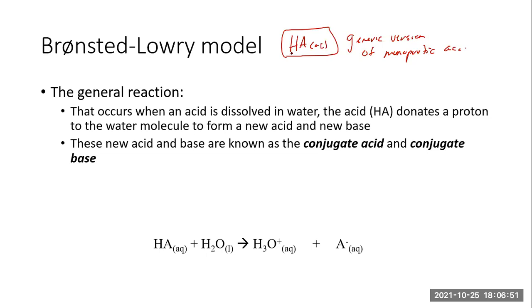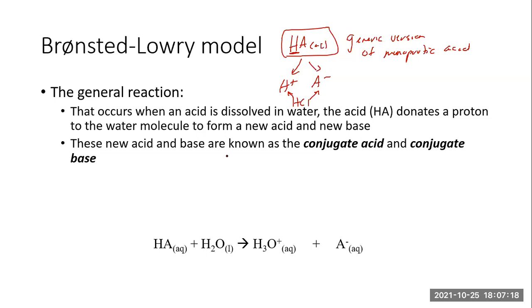It's monoprotic because it has one H to give, mono meaning one, protic meaning proton. So it has one proton to donate. And again, the generic would be H plus and A minus in this case. This is kind of like HCl: H plus and Cl minus is an example of HA.